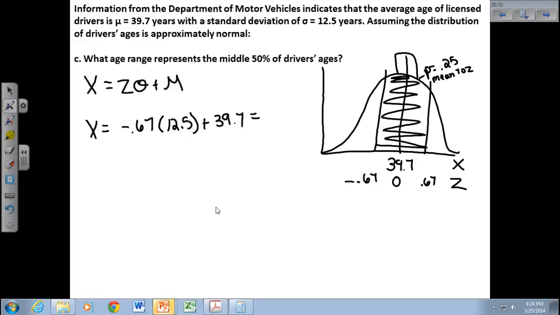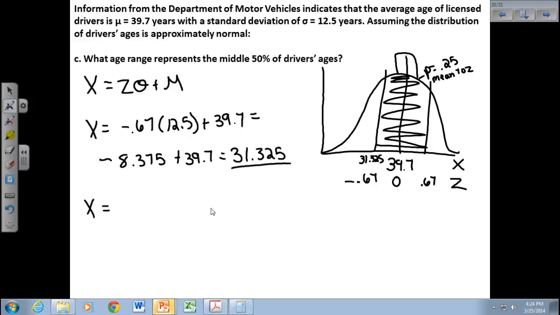So negative 8.375 plus 39.7, and you end up with 31.325. So roughly 31.325, our low end. So this is the first x value.